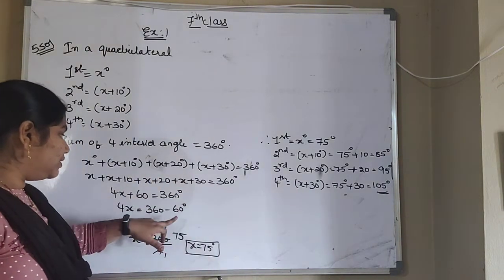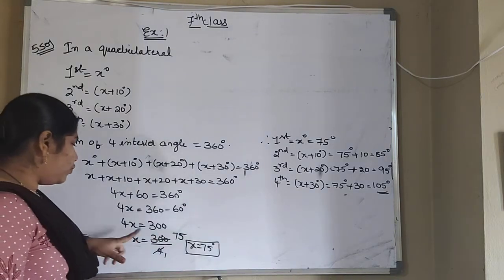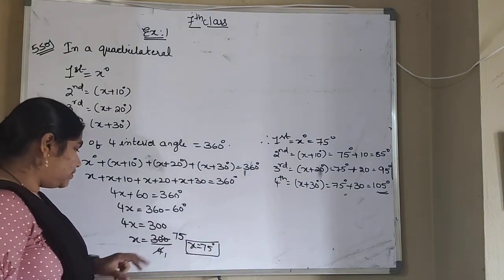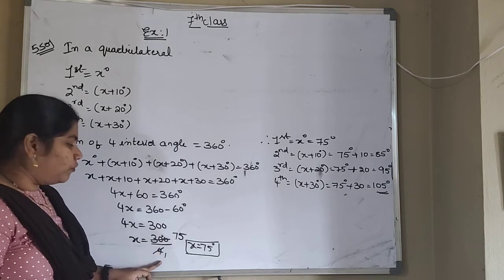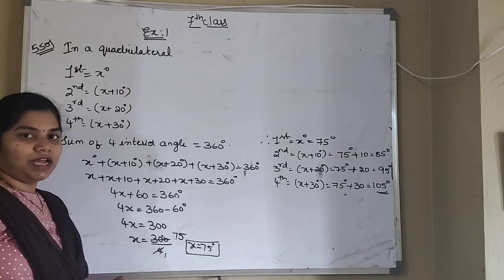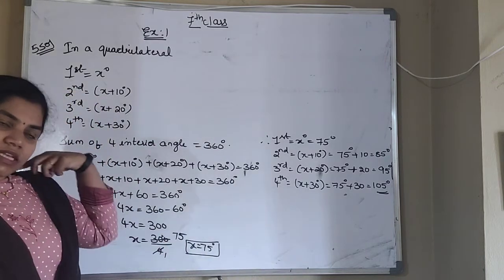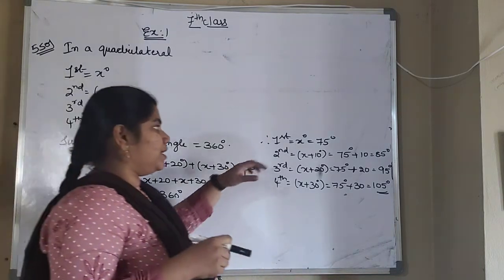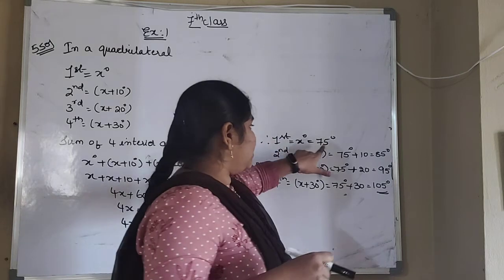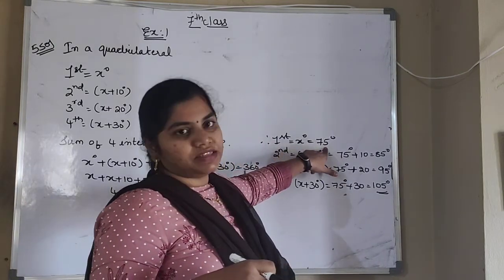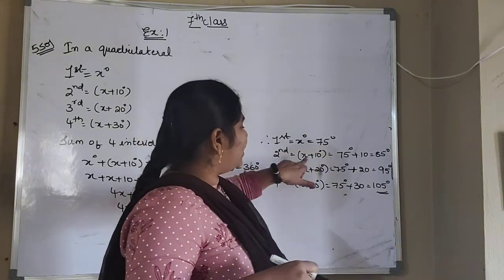Transpose 60 to the other side, that will become minus. So 4x is equal to 300. x is equal to 300 by 4. 4 ones are 4, 75 are 300. So the x value you got is 75. Now by using this x value, we have to find the 4 angles. First angle is only x, that is nothing but 75. Second angle is x plus 10.